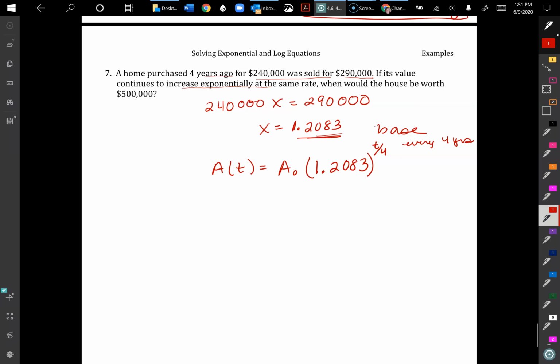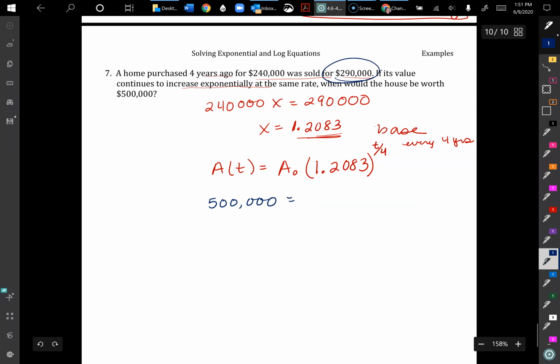Okay, so now I'm going to plug in my values, and I want the 500,000 is what I want my end worth to be. My value now is 290,000. So that's actually not A initial, just A at the time.